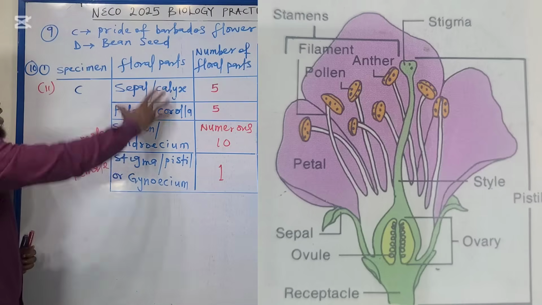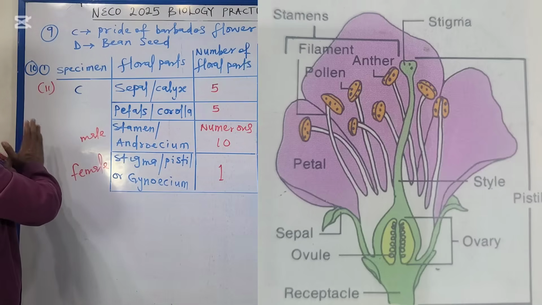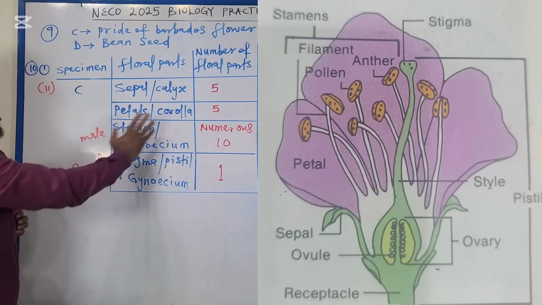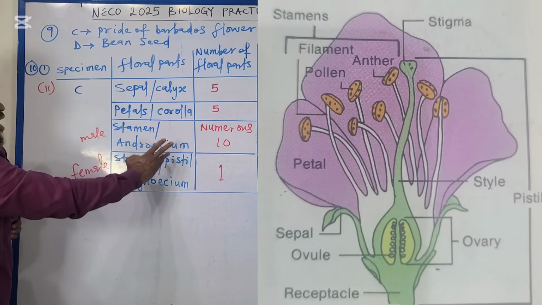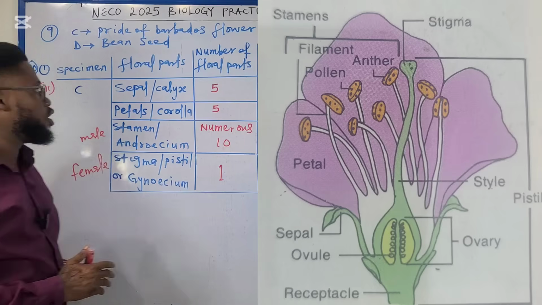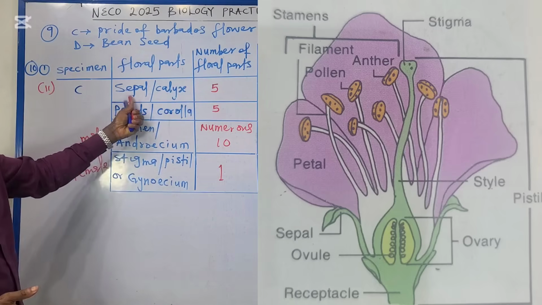So these are the floral parts of specimen C. They have the sepal or calyx, petals or corolla, stamen or androecium, the stigma or the pistil, or you call it the gynoecium.